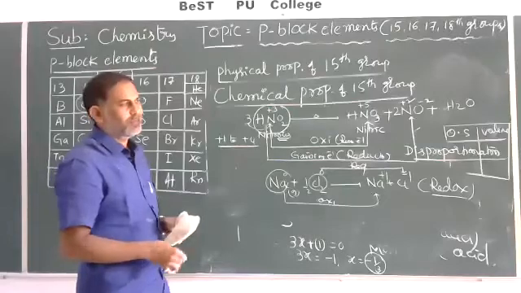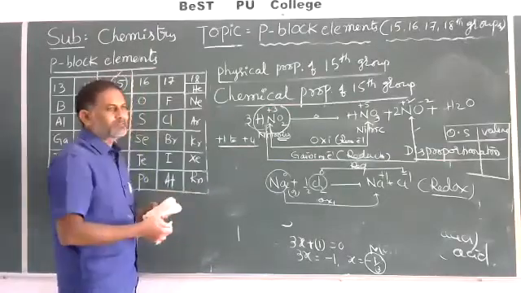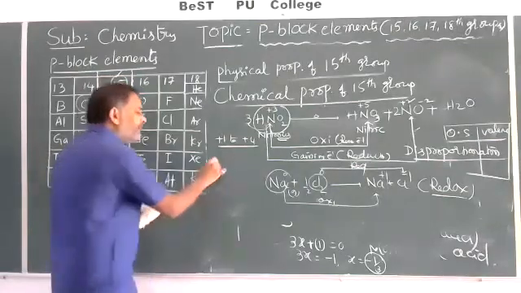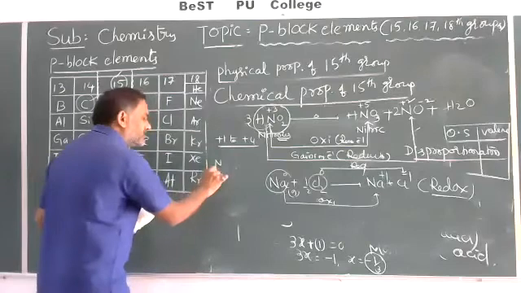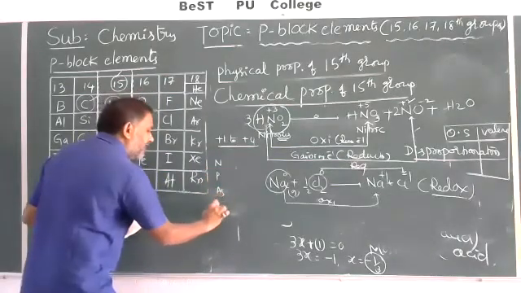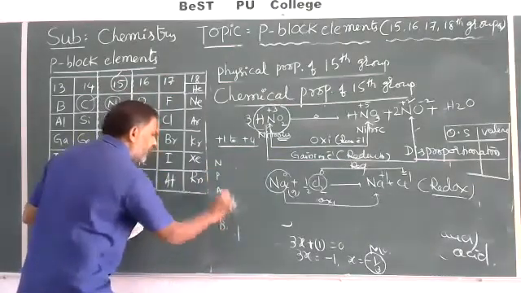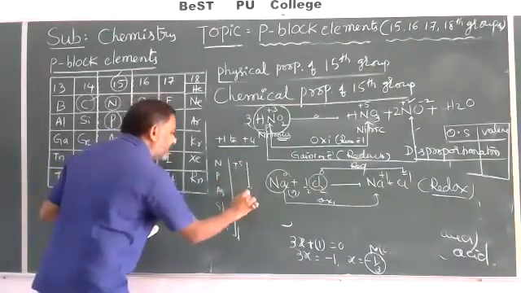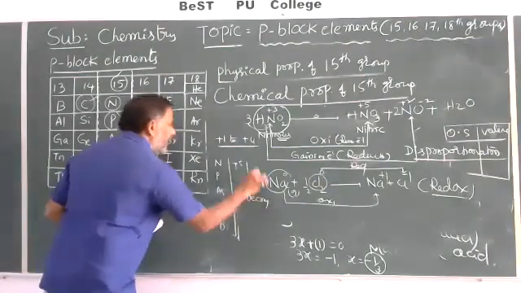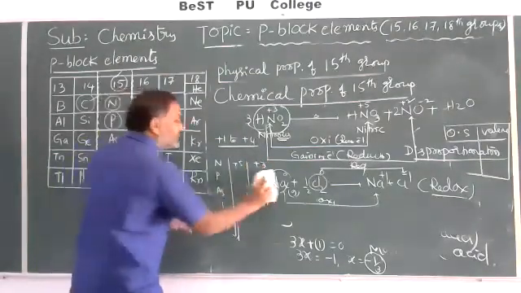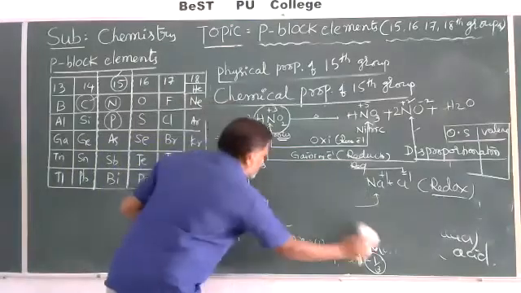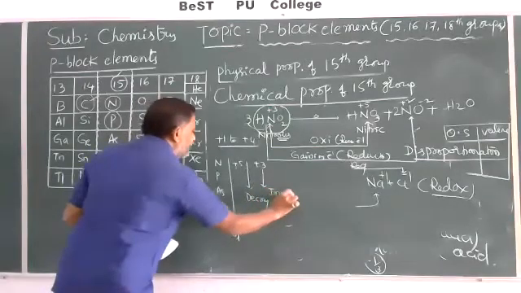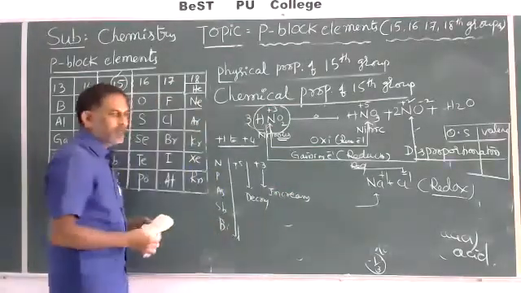Then the remaining phosphorus, arsenic, antimony and bismuth also show variable oxidation states. But in the formation of variable oxidation states, from nitrogen to phosphorus, phosphorus to arsenic, arsenic to antimony and bismuth, the plus 5 oxidation state decreases, and the plus 3 oxidation state formation increases.